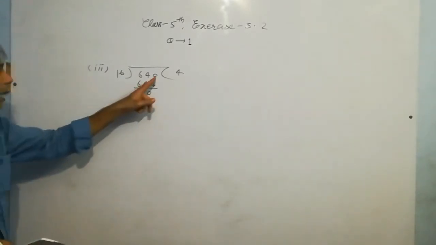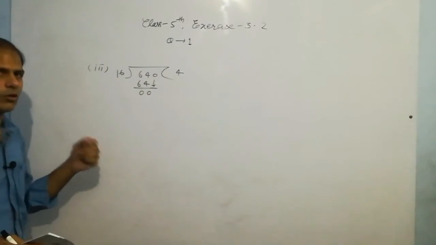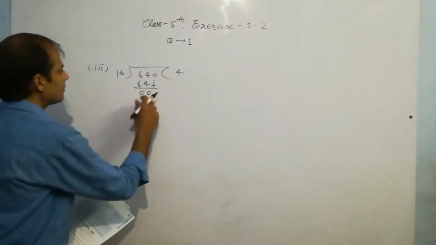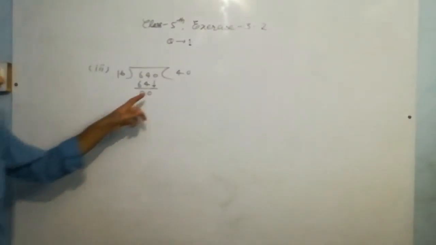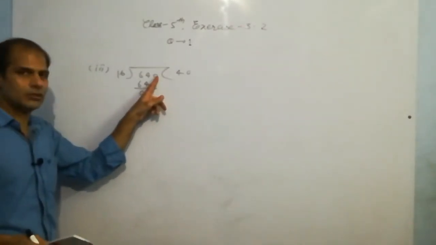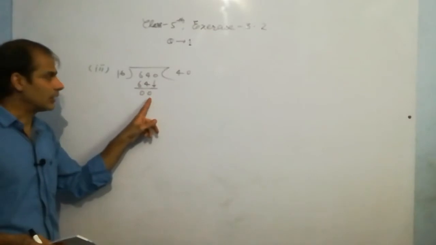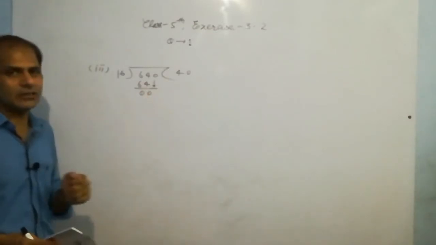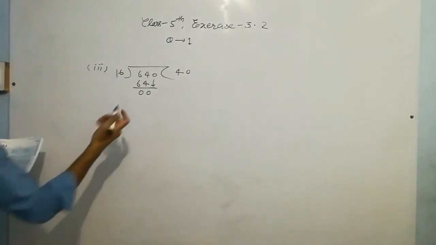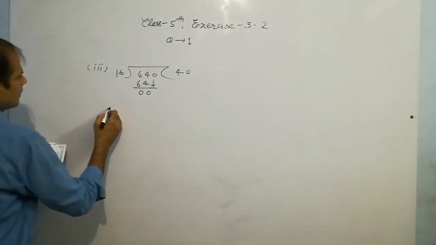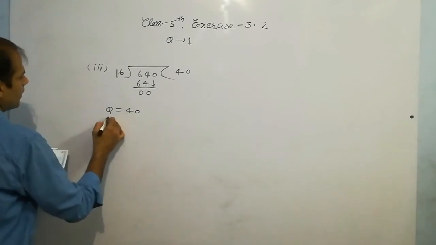So after copying this 0, if you are not able to divide, then we put 0 here. Whatever the number you copy from the dividend, if division is not possible, you have to put 0 here. So in this way the quotient is 40 and remainder is 0.